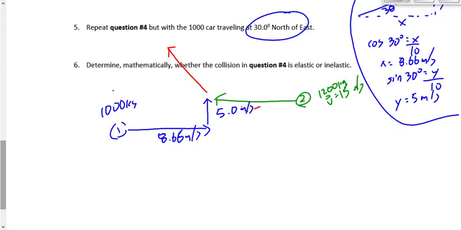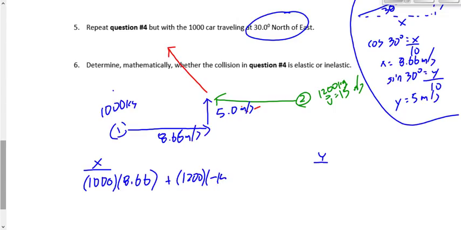Now the question is almost like number 4 was, right? We got 90-degree angles, which is nice. X component, y component. We're going to say 1,000 times 8.66, that's the x component of the first one, plus 1,200 times negative 15. 8.66 is positive because it's to the right, 15 negative because it's to the left, equals 2,200 times VF.